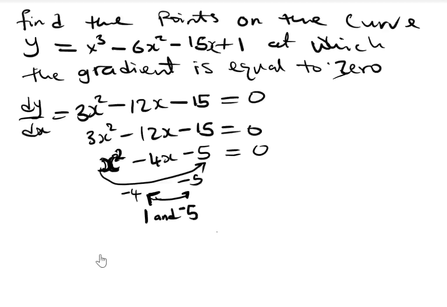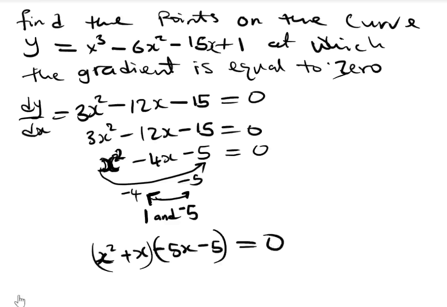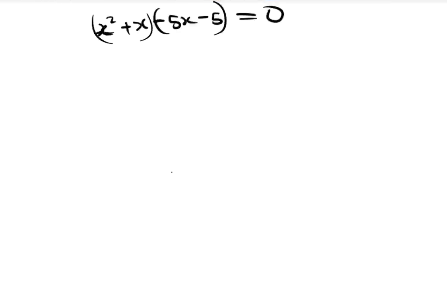Therefore, we have the equation to be x squared plus x minus 5x minus 5 is equal to 0. If we factor out x, x squared divided by x would be x, and x divided by x is 1.